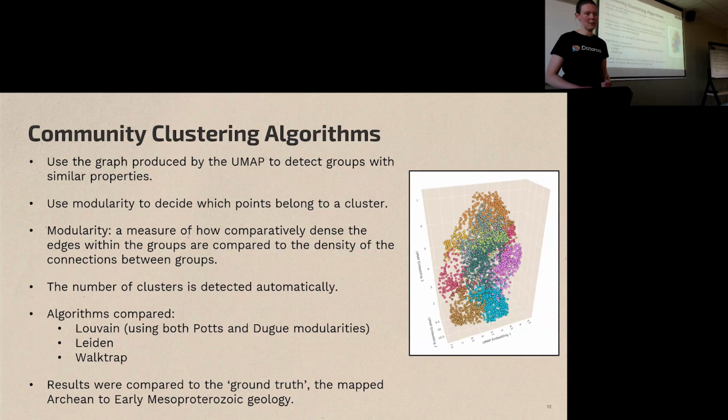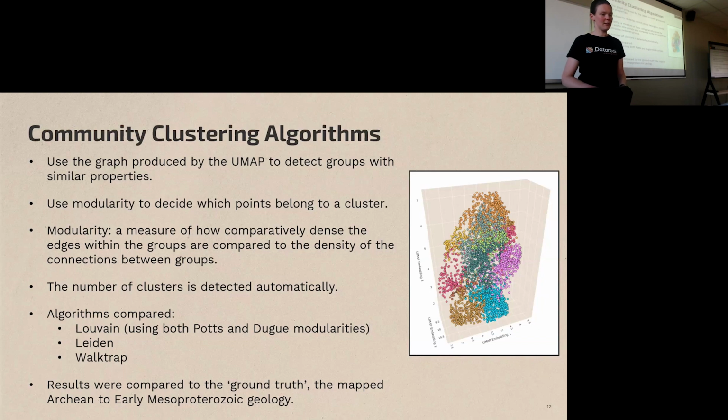So in this particular study, we compared the Louvain algorithm with both the Potts and Duke modularities with the Leiden and Walktrap algorithms. We compared these results back to the early Mesoproterozoic geology that I showed earlier.